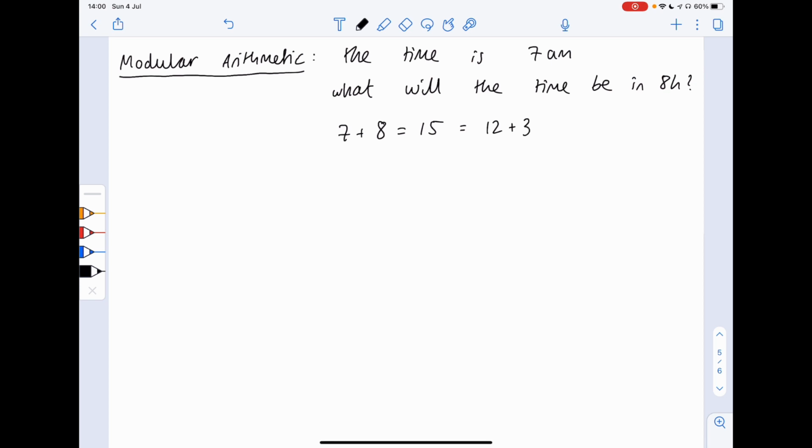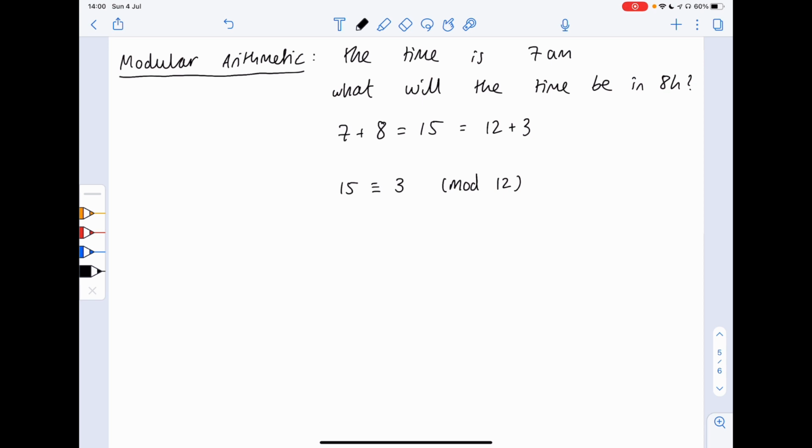And this is an example of modular arithmetic. Saying that 15 is 3 more than a multiple of 12 is the same as saying that 15 is congruent, or we can just say the same as 3 mod 12. Okay.